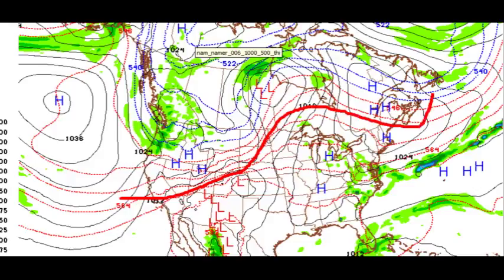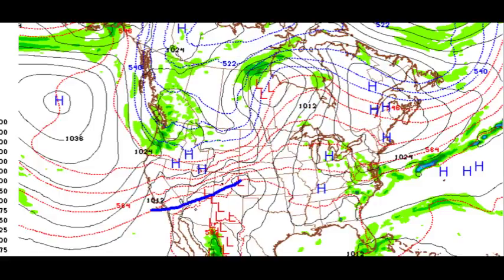Very obvious where the frontal boundary is, from Hudson Bay down to the Dakotas and down across the Great Basin area. So south of that, that's where we're going to put the front. And then that continues up north as a Canadian front up through there.